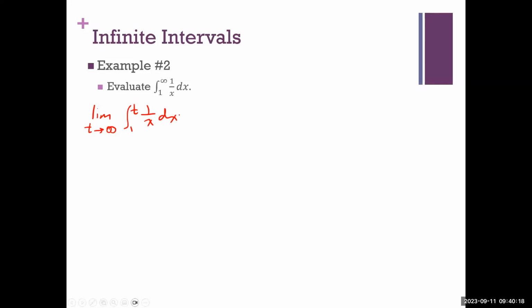What is the antiderivative for 1/x? Natural log of the absolute value, yeah, there you go. So we still want to carry the limit operator. The limit as t goes to infinity of natural log of the absolute value of x from 1 to t. So now where do I go from there?